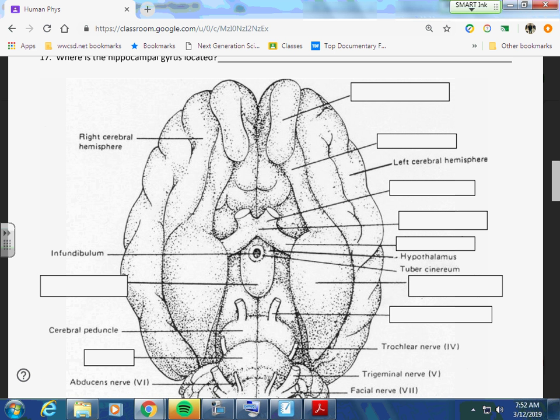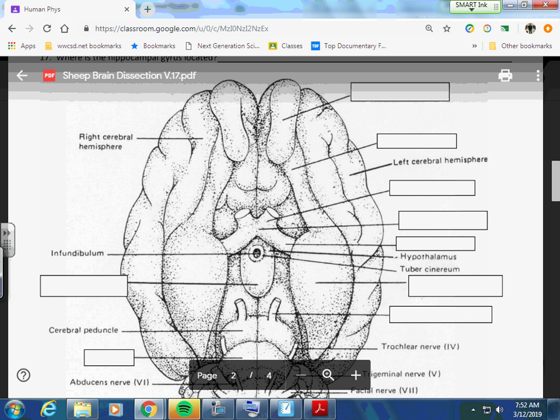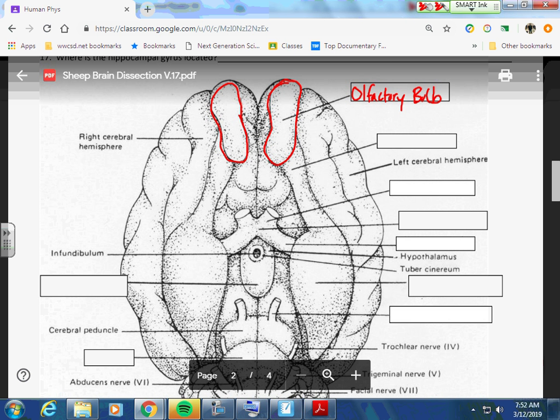Right away on the ventral side of the brain, towards the anterior portion, you've got these two olfactory bulbs. You should see those right away in the front. Olfaction is smell.